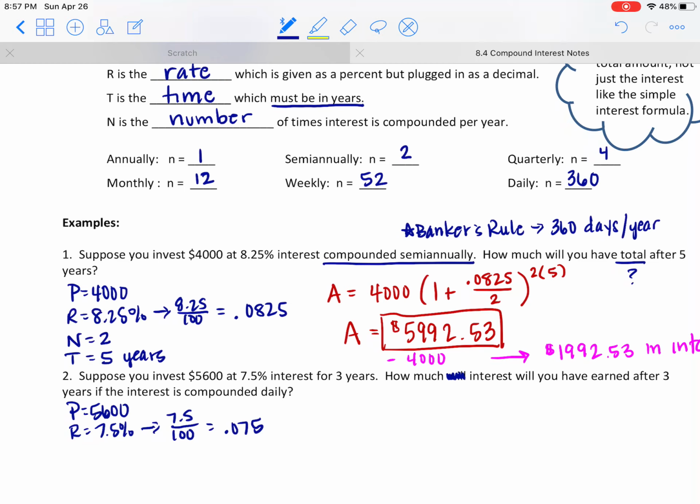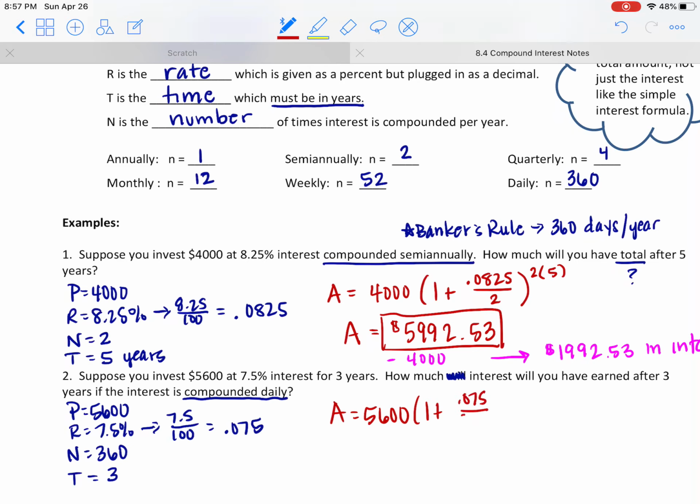We have a rate of 7.5%. So we can either plug that in as 7.5 out of 100, or we can make it 0.075. It says interest is compounded daily. Compounded daily means n is, remember, banker's rule, 360. And then how much interest will you have earned after 3 years means t is 3.